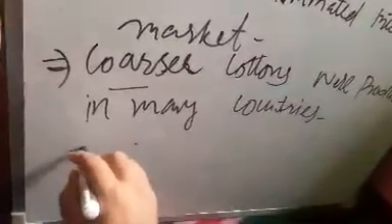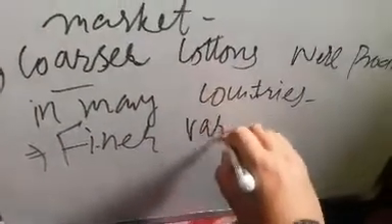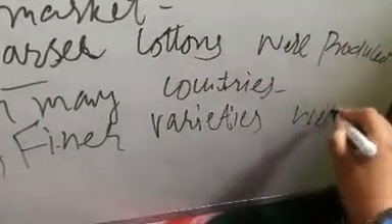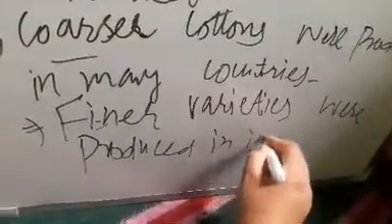Coarser cottons were produced in many countries, but what India was actually famous for, the finer varieties, were produced mainly in India. These mainly came from India.